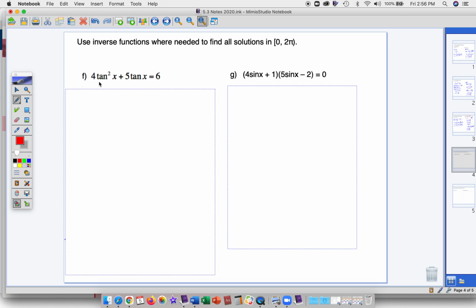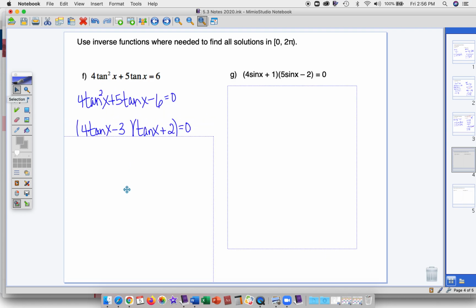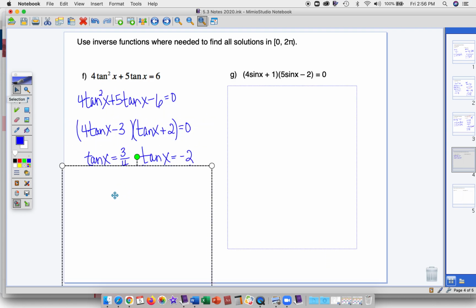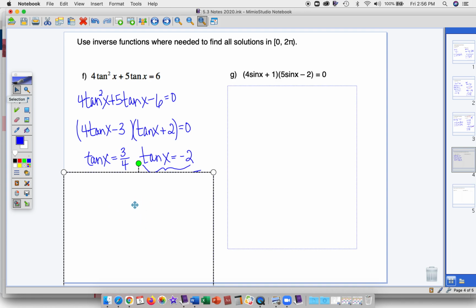So here I have 4 tangent squared x plus 5 tangent x equals 6. It's a quadratic. We're going to use those skills you learned in section 1. We're going to move the 6 to the other side, and we're going to factor. So this factors into 4 tan x minus 3, tan x plus 2.